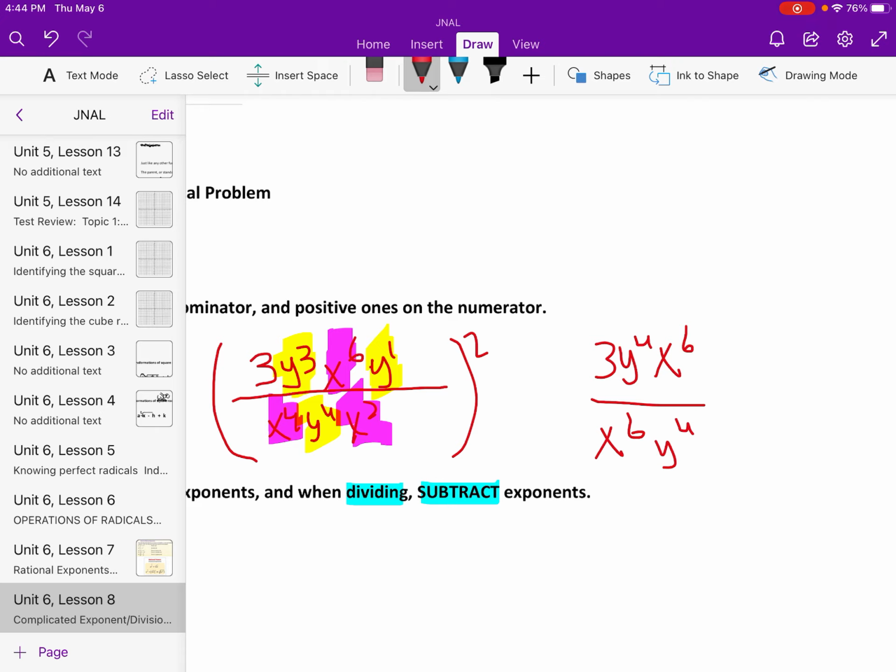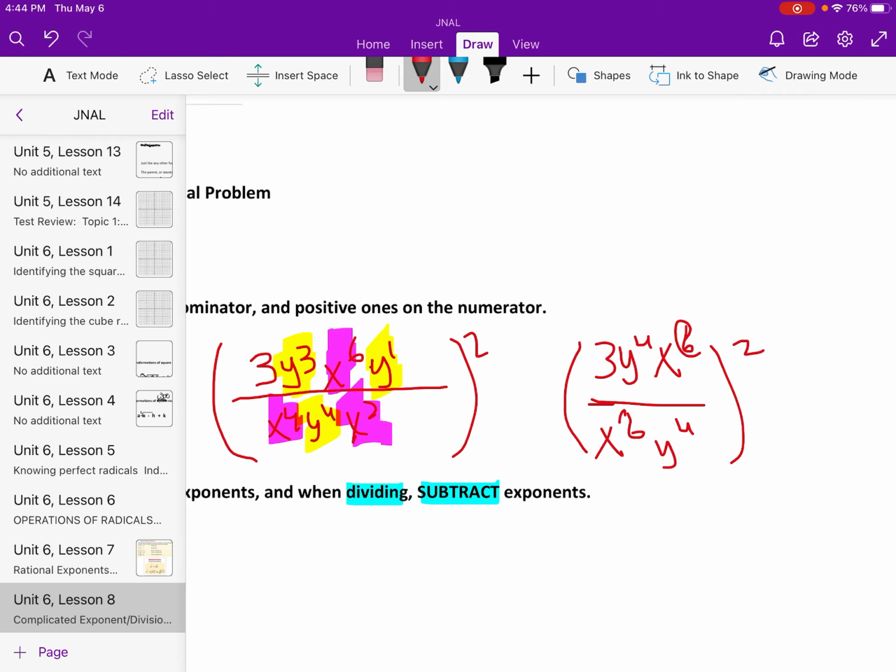Now that we have it like this, we subtract exponents. And we already would know when there's something the same on the numerator or denominator, we cancel out. So these would cancel out, but just in case you wanted to see why, we subtract exponents when we're dividing.